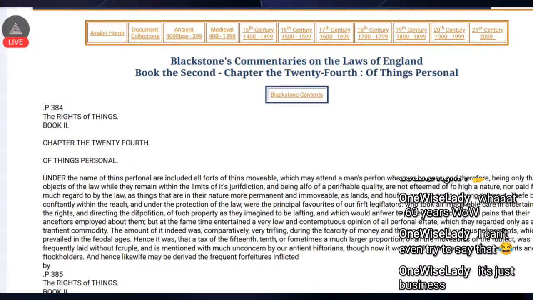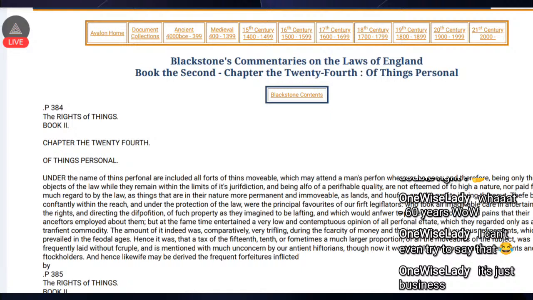These being constantly within the reach and under the protection of the law, were the principal favorites of our first legislatures, who took all imaginable care in ascertaining the rights and directing the disposition of such property as they imagined to be lasting, and which would answer to posterity the trouble and pains that their ancestors employed about them, but at the same time entertained a very low and contemptuous opinion of all personal estate, which they regarded only as a transient commodity.